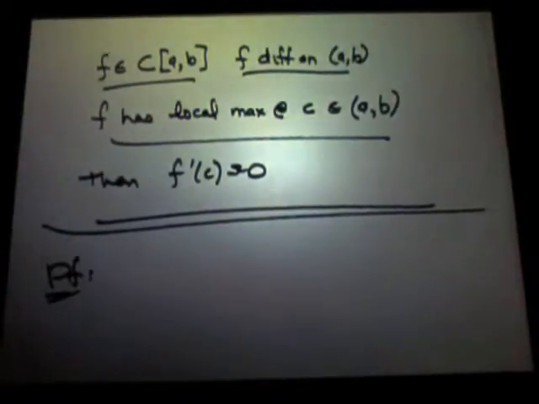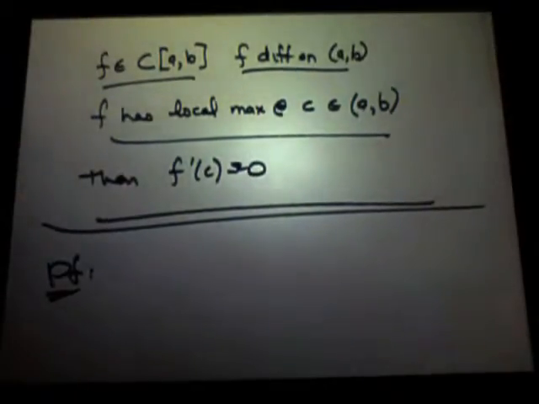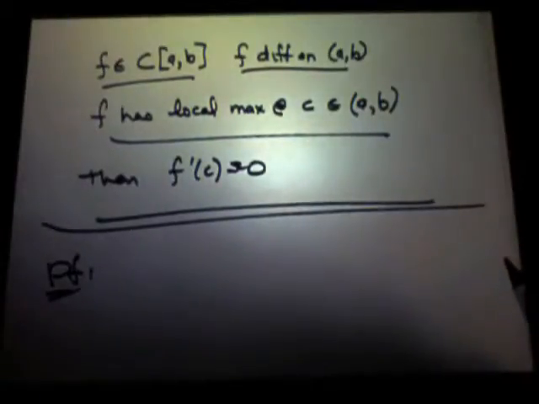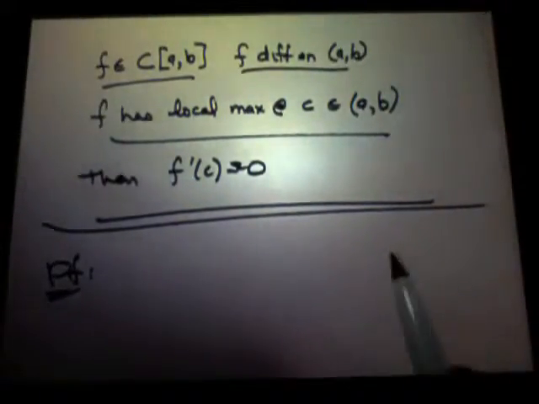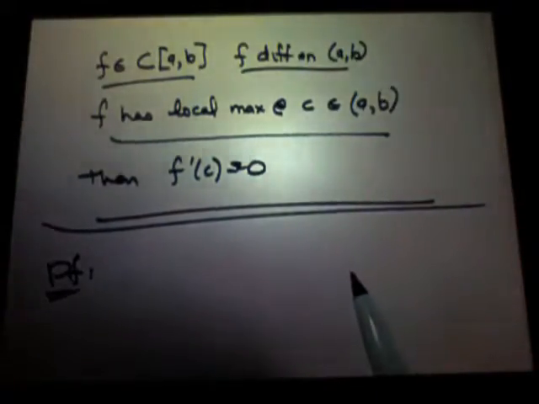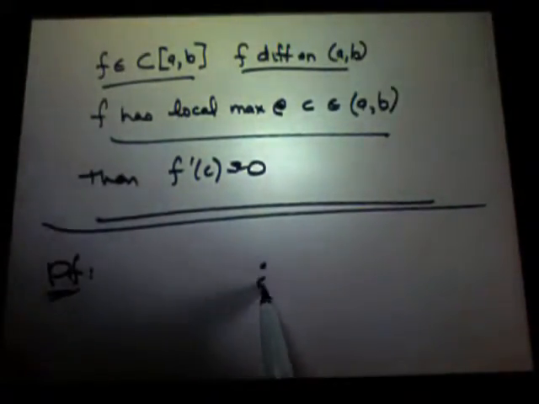Well, at the local max, the derivative exists, right? Now let's see, here's the point c.